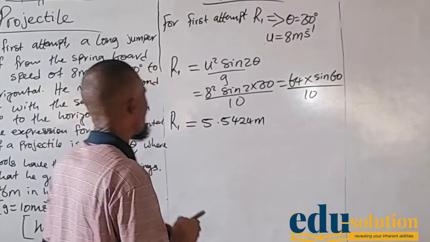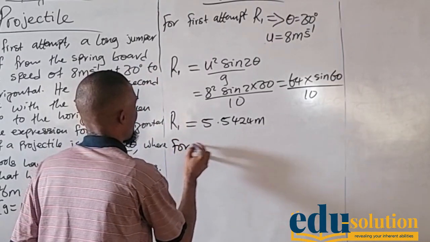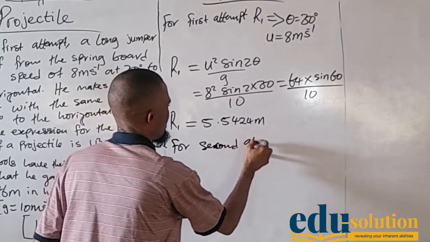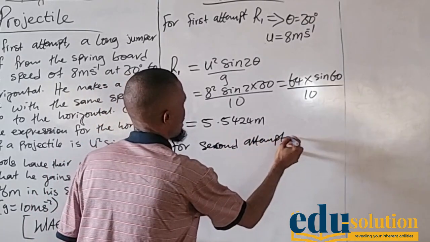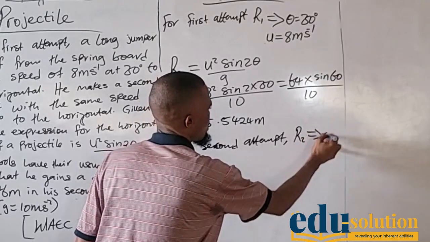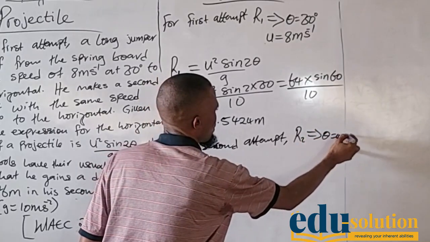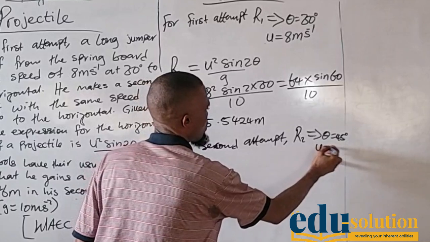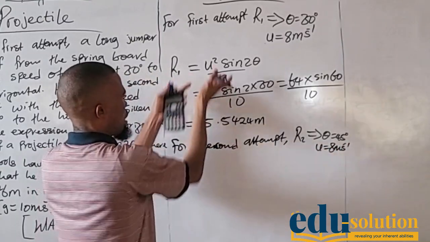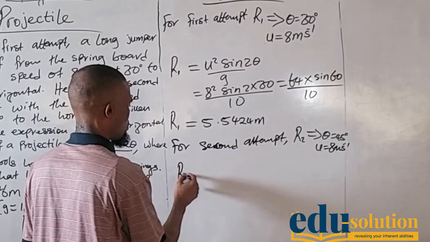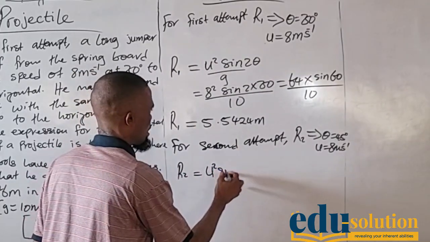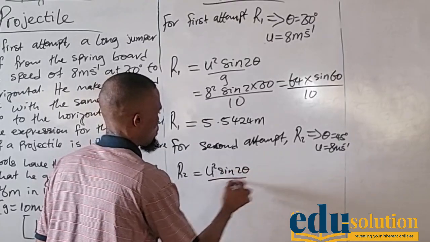So we need to calculate for the second attempt. For the second attempt, let's call it R2. We also have theta as 45 degrees and u did not change, which is still 8 meters per second. So we are still using the same relation. R2 is equal to u squared sine 2 theta over g.